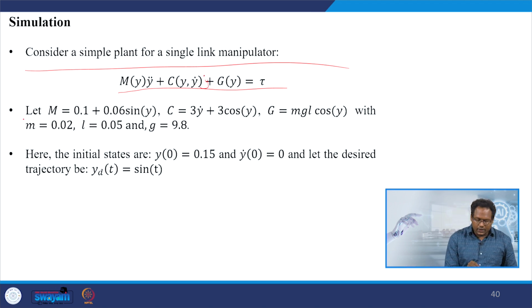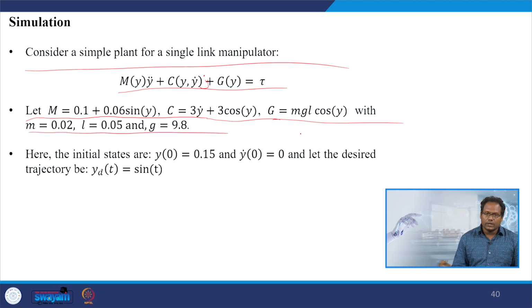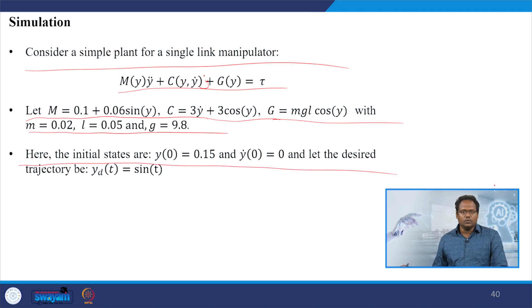Let M be 0.1 plus 0.06 times sine of y and C be 3 times y dot plus 3 cos of y and G being mgl cos of y, with m equal to 0.02, L equal to 0.05 and g equal to 9.8. Here the initial states are y of 0 equal to 0.15, y dot of 0 equal to 0, and let the desired trajectory be a sine trajectory.